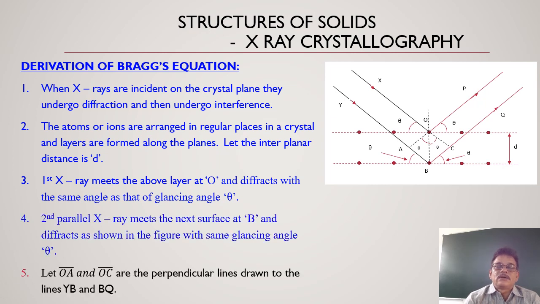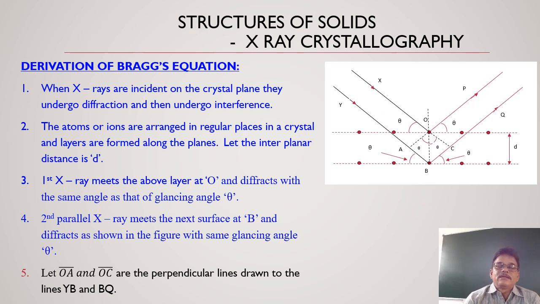The first ray falls at O and diffracts with the same angle. Okay, here it is incident with glancing angle theta, and with the same theta it again reflects back or diffracts.